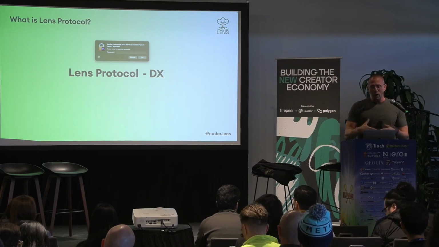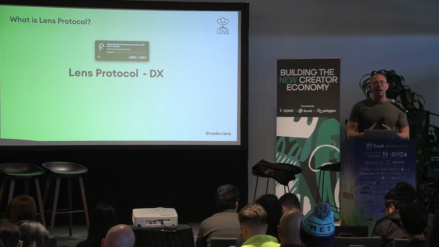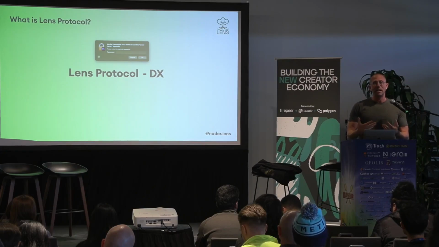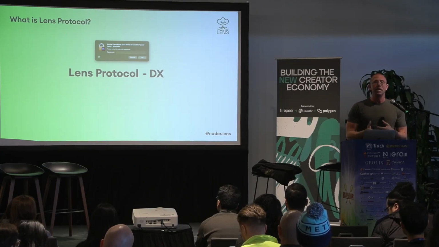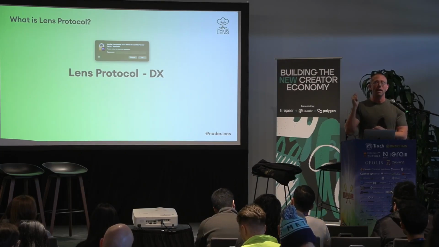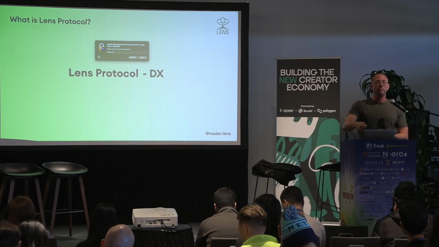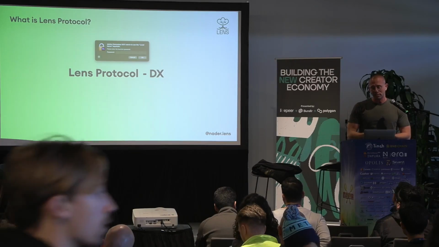So with Lens, and with a lot of the newer applications we're seeing today in this space with a better user experience, we're seeing the gas cost subsidized. All someone needs to do to use one of these applications is download a wallet. They can start using it immediately. It opens the door to hundreds of millions of people who literally could never use any of these applications in the past.